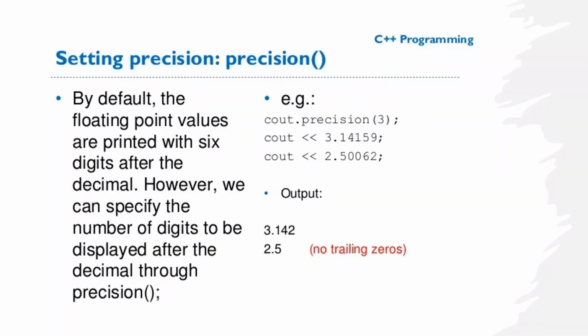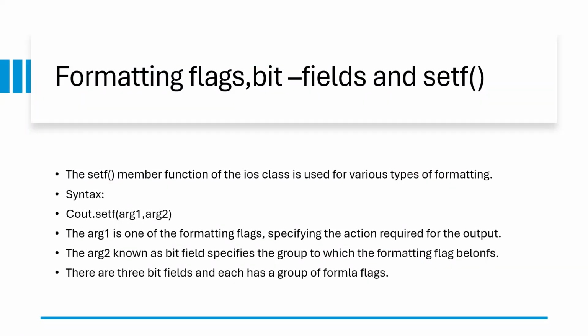So we mention how many digits of output we need. Here in cout.precision we give only 3. So 3.14159 gets rounded off and the value is printed as 3.142. Then 2.500 is printed as 2.5. This is the precision.